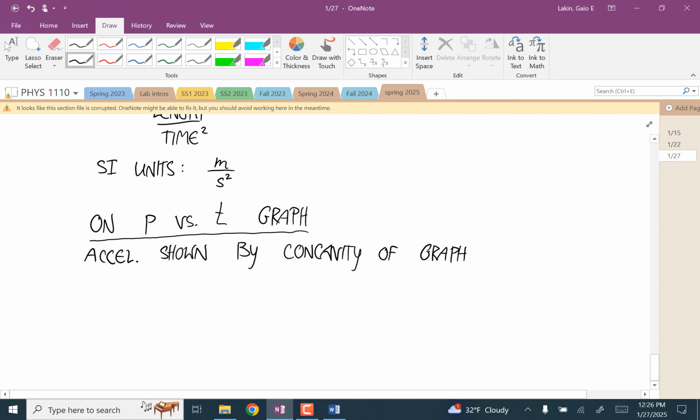If the graph is part of a concave up curve like that, the acceleration is positive.